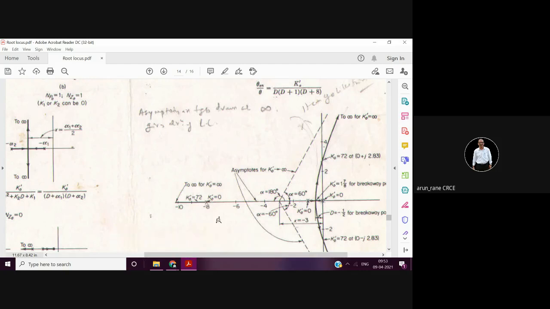So you can find out the asymptotes now. The asymptote angles will be 60 degrees, 60 degrees, and 0 degrees. I'll show you the calculation. Then you can find out the location, which we already found in an earlier example, -2.33, if you remember.